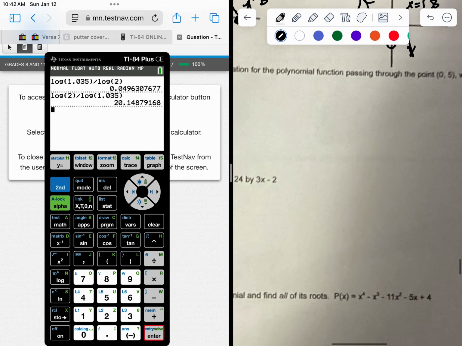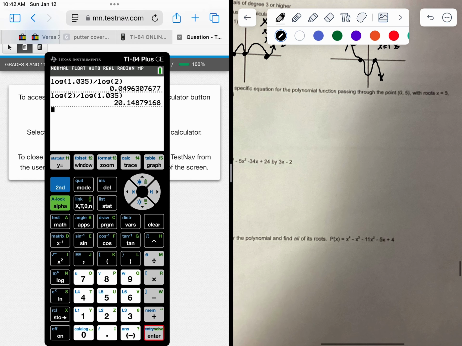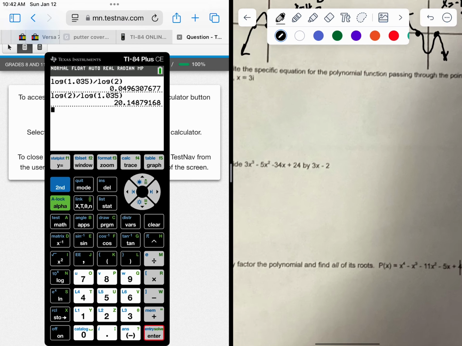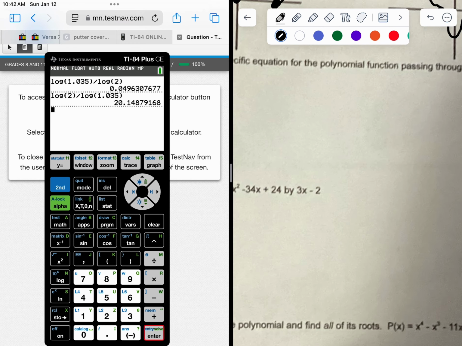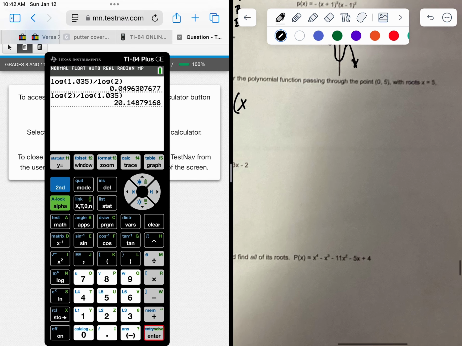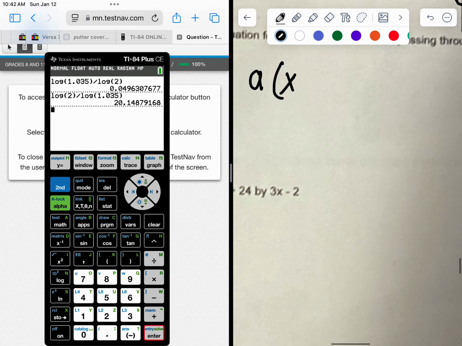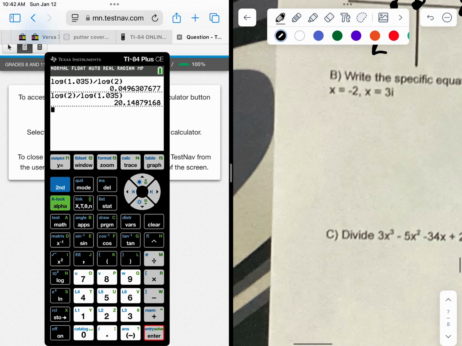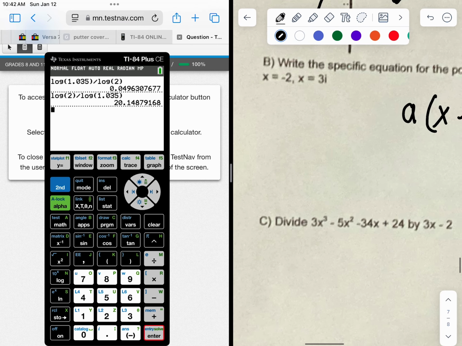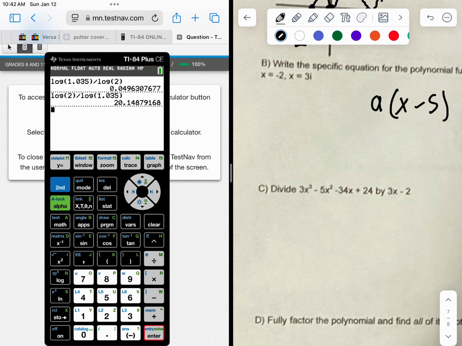Write the specific equation with the root passing through the point as well. We're gonna have an a value, x equals 5, so x minus 5. And then we got some complex roots here. Oh, we got a lot of complex.